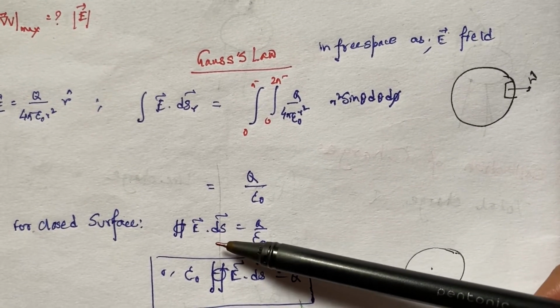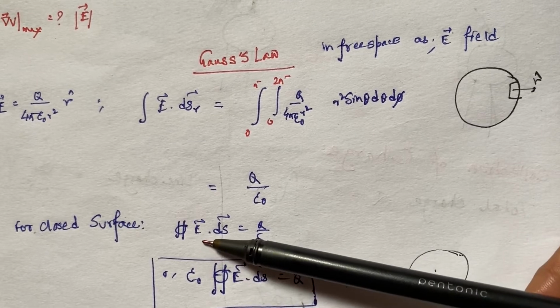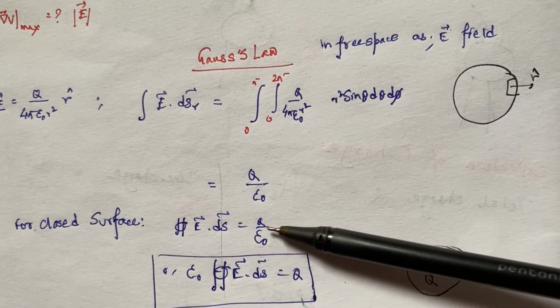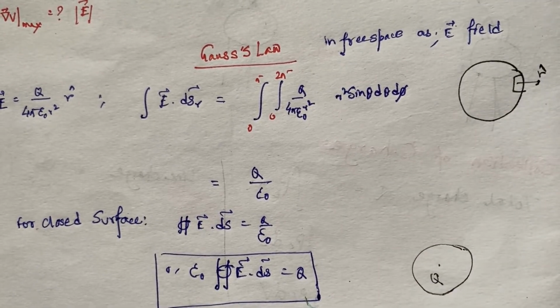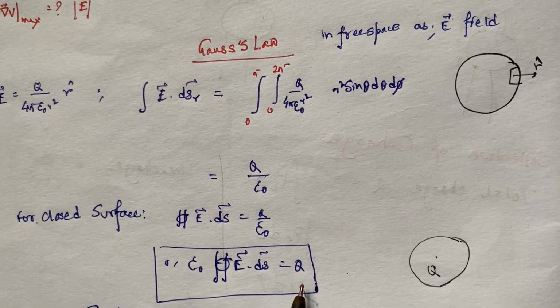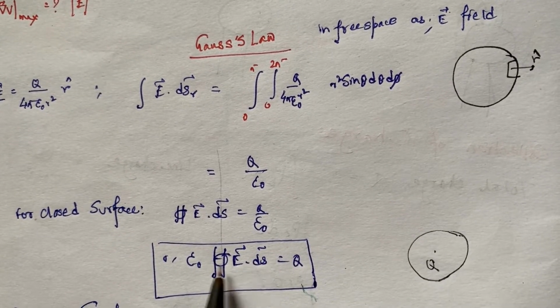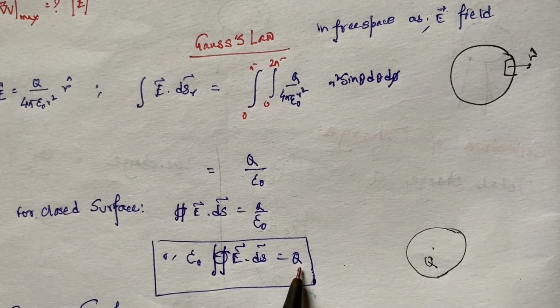And what we know from this Gauss's law is that the integration of the electric field for any closed surface is equal to Q by epsilon 0. Q is the charge enclosed by the surface, and this is the law which tells me that this entire integration is basically the amount of charge enclosed by the surface.